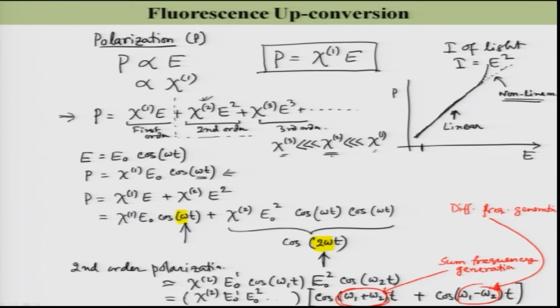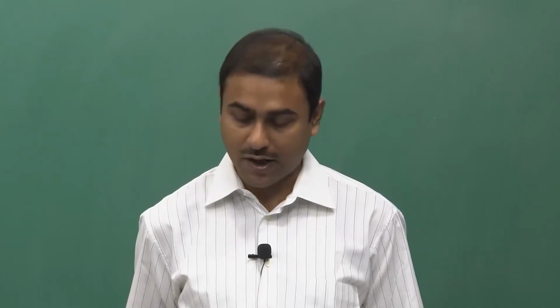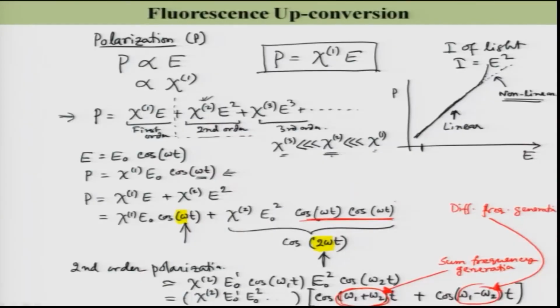What we have seen is that this is the sum frequency generation, and this case is a special case of the sum frequency generation when both the colors omega 1 and omega 2 are the same and equal to omega. So, this is a special case, and this special case is known as second harmonic generation. That is it. With this background, let me continue.